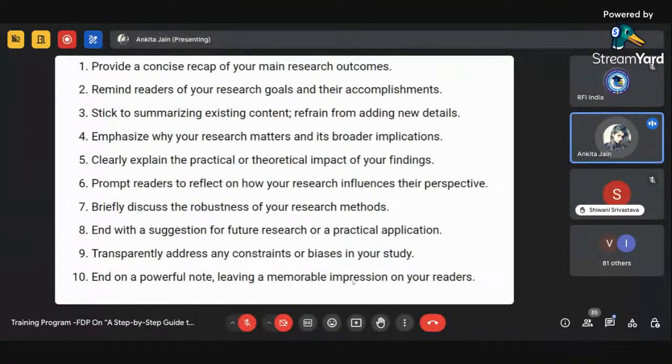Then you should transparently address the constraints, biases, and limitations. Then ultimately, you should give a powerful note saying what impact your study has in the research area and what researchers can gain from your study. Then whatever the practical and theoretical impact of your findings, how it is contributing, everything you should write here.